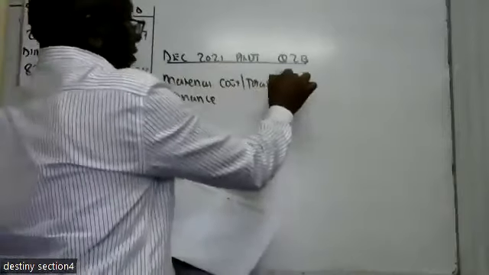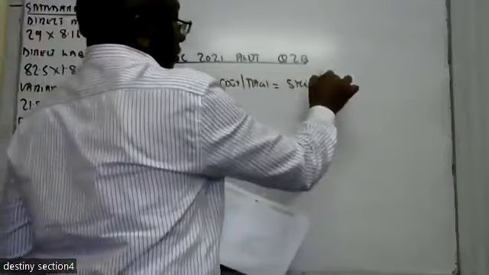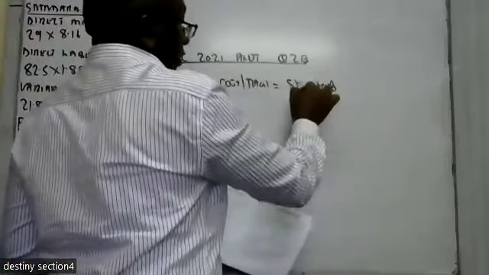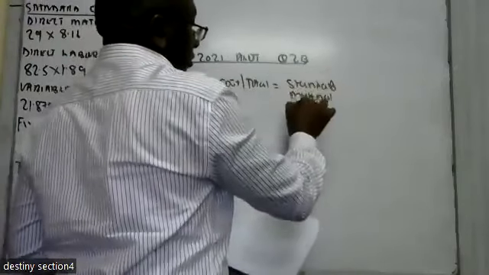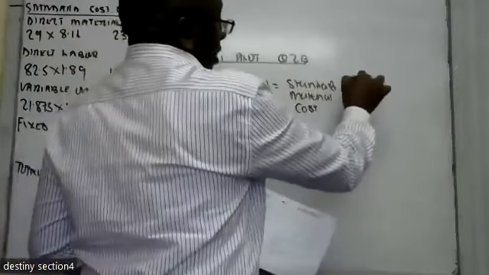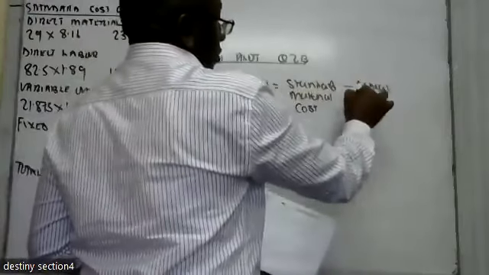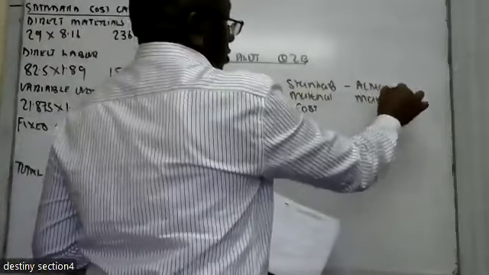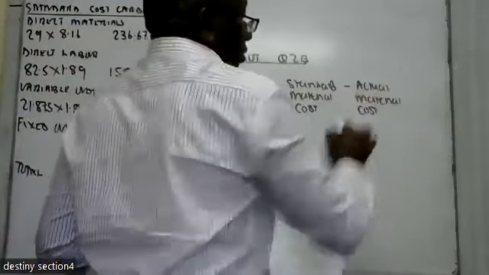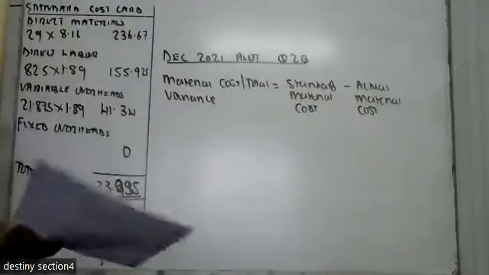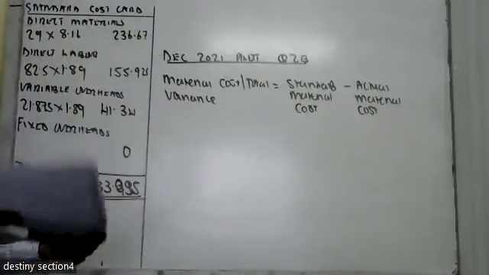Now this one is given as standard material costs. Standard material costs, you minus actual material costs. Standard material costs minus actual material costs.